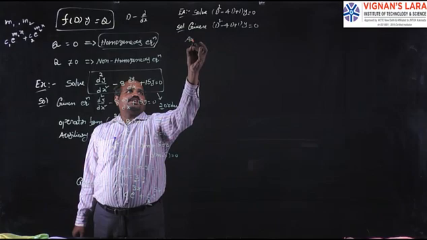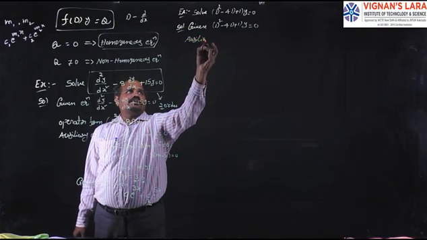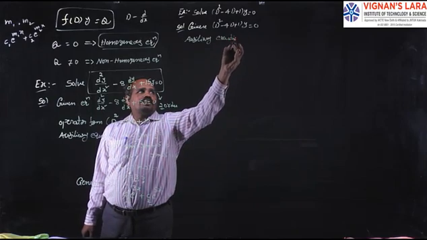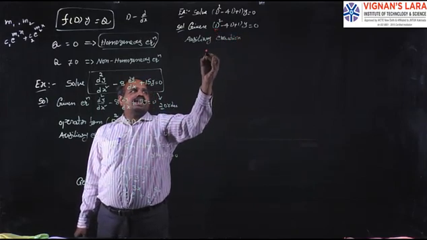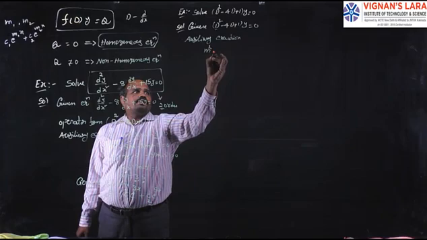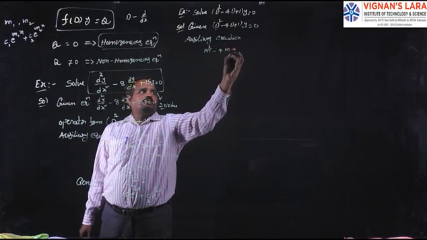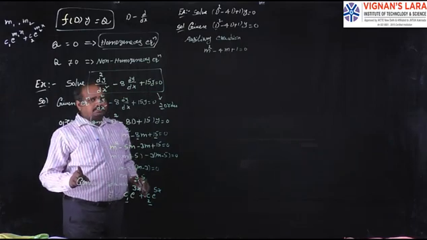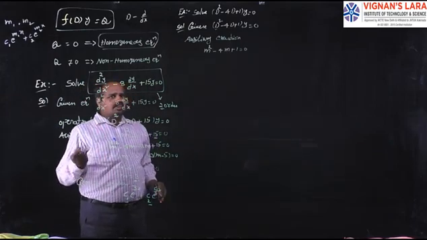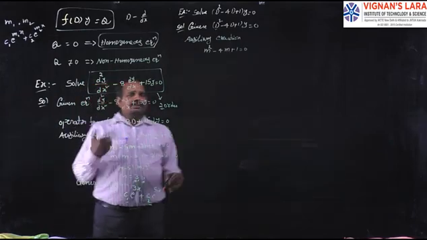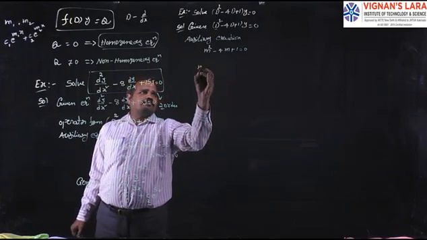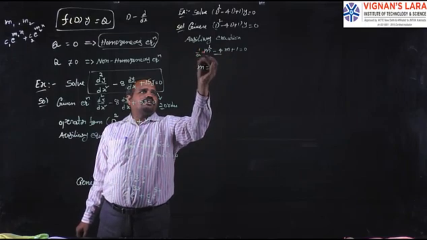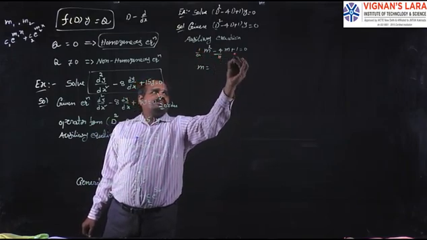Auxiliary equation: what is an auxiliary equation? Replacing D as m, we get m square minus 4m plus 1 is equal to 0. Here product is 1, sum is minus 4. Such factors do not exist here, so use the roots formula. m is equal to minus b plus or minus under root of b square minus 4ac by 2a. Here a is 1, b is minus 4, c is 1.